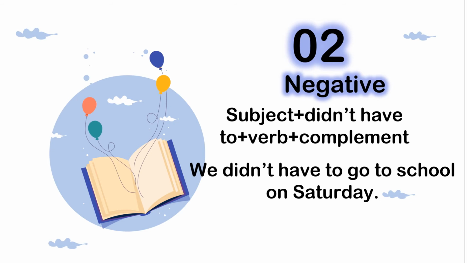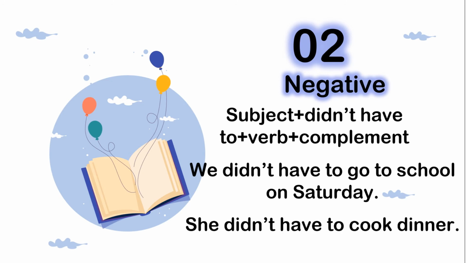Here you have the subject we, the auxiliary didn't, that is did plus not, also have to in the base form because you're using didn't, right? And the complement, so go to school on Saturday. She didn't have to cook dinner. That is another example.